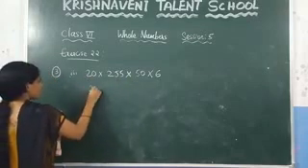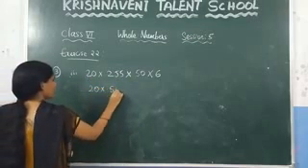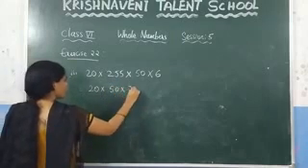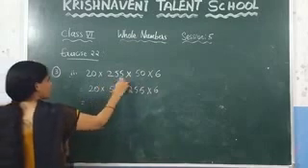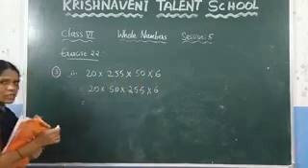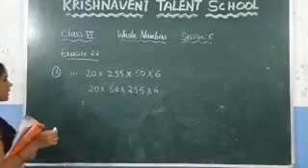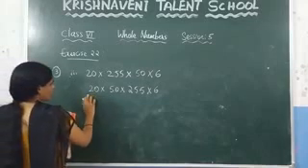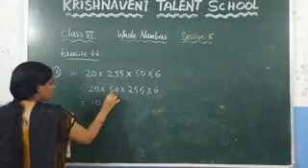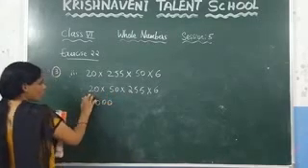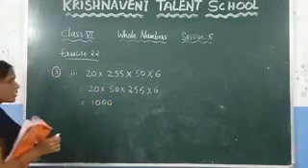So you can write here 20 into 50 into 255 into 6. Here we have changed this order by using the commutative property under multiplication. Now solve this one. What is the value of 5 into 2, which is 10? How many zeros are there? 2 zeros. So the value of 20 into 50 is 1000.